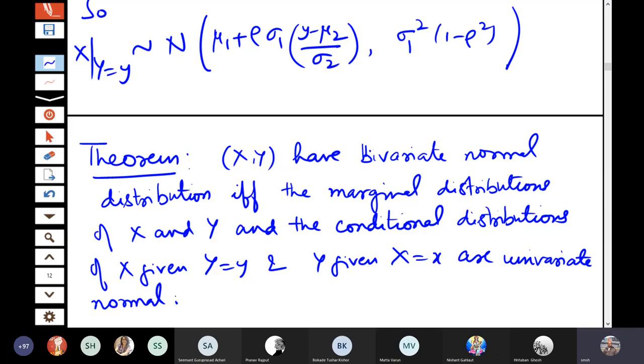So the proof of this is of course obvious because I have already done the derivation here, so you know the proof here. Is that okay?